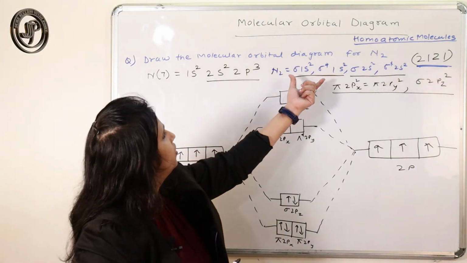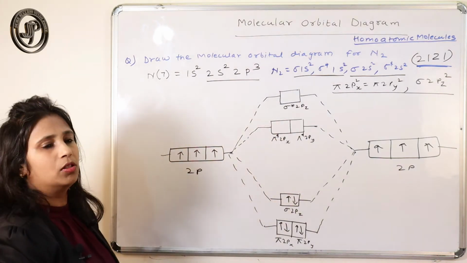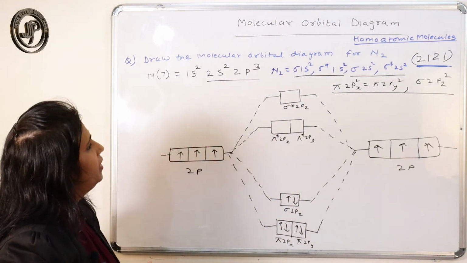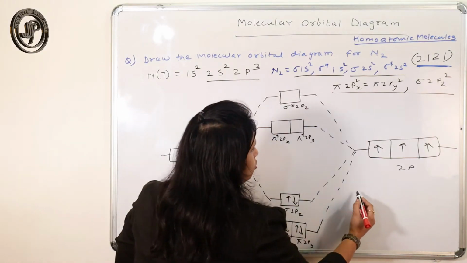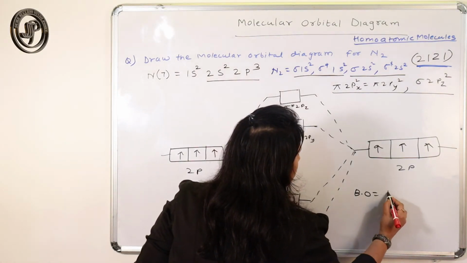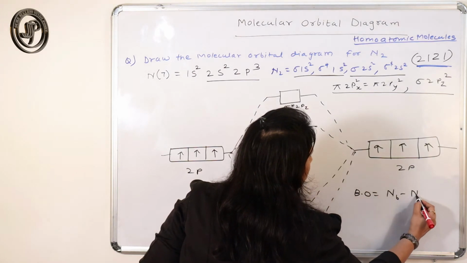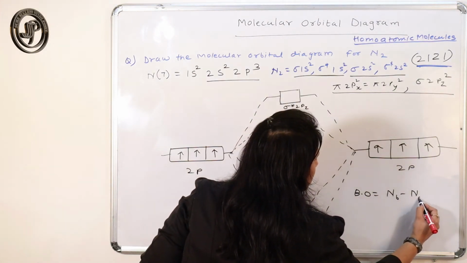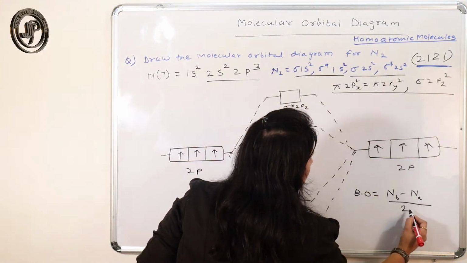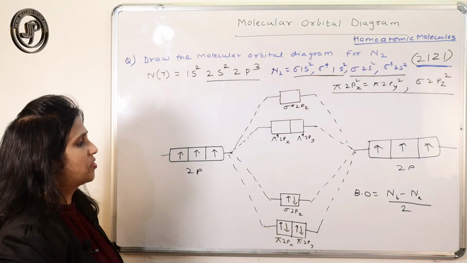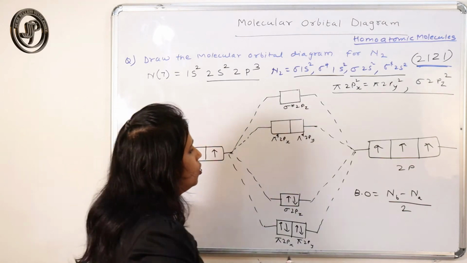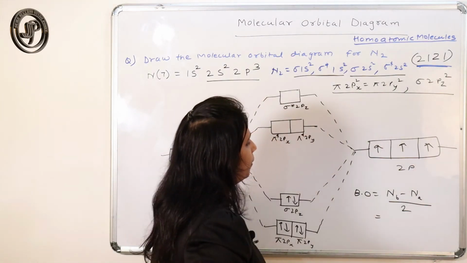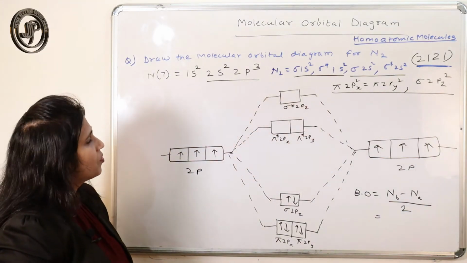Or in lieu of this, you can use KK also. So if I need to find the bond order, what is the bond order? The number of electrons present in the bonding molecular orbitals minus the number of electrons present in the anti-bonding molecular orbitals, divided by 2. So how many electrons are present in bonding?